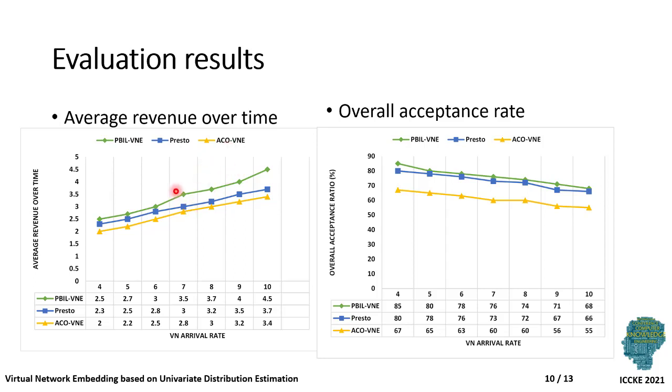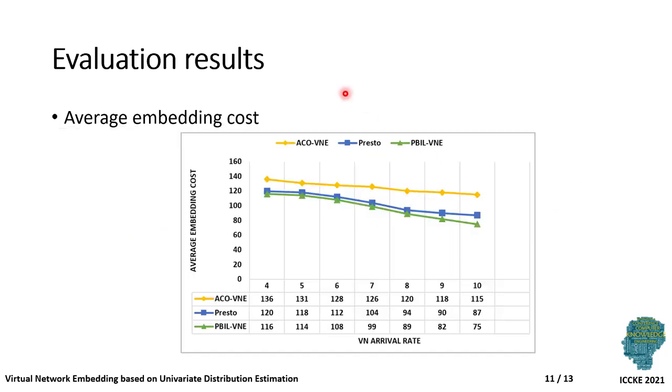As you can see here, their revenue and acceptance rate change with increasing time, but in PBIL it is more than the other two methods. And also here we computed the embedding cost. As you can see, the embedding cost for PBIL is lower than the others.